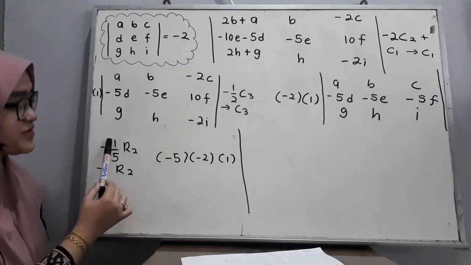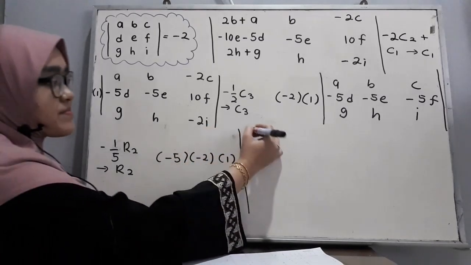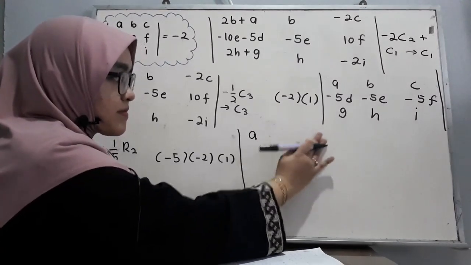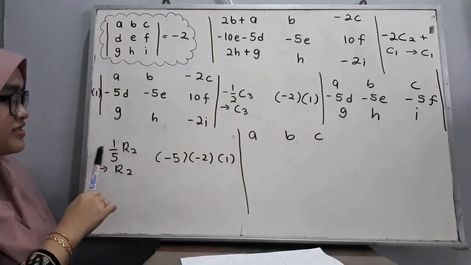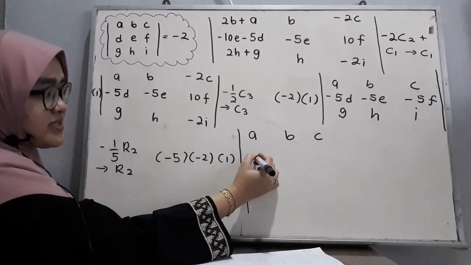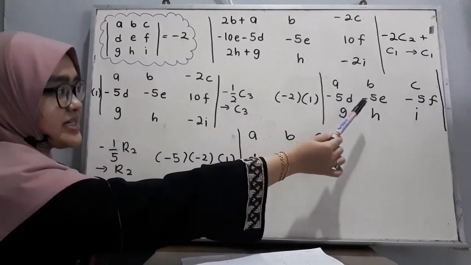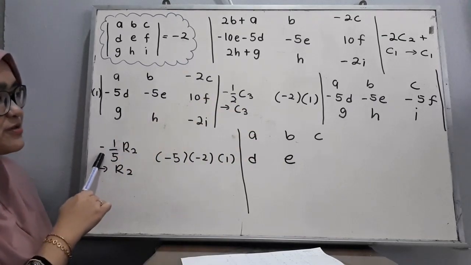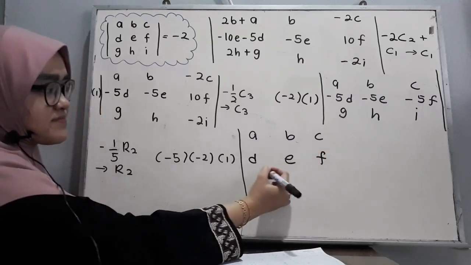So from -1/5, we take -5. -1/5 multiplied by -5d, we get d. -1/5 multiply -5e, we get e. -1/5 multiply -5f, we get f.